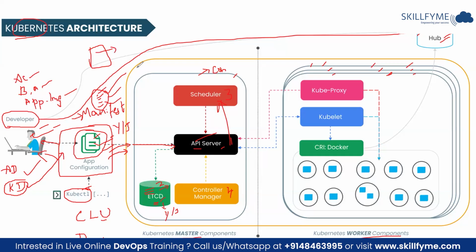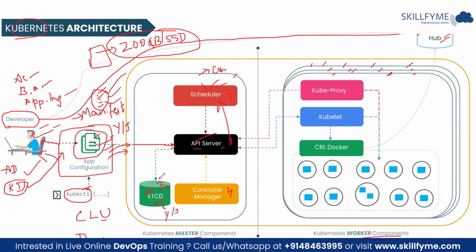To run this container, I need around 200 GB of volume, which is of SSD disk. This is my requirement. So which worker node supports this requirement? That node will be considered a healthy node, and that node name will be updated in the request by the scheduler. So it is purely the responsibility of the scheduler to identify the healthy worker node for deployment purposes.